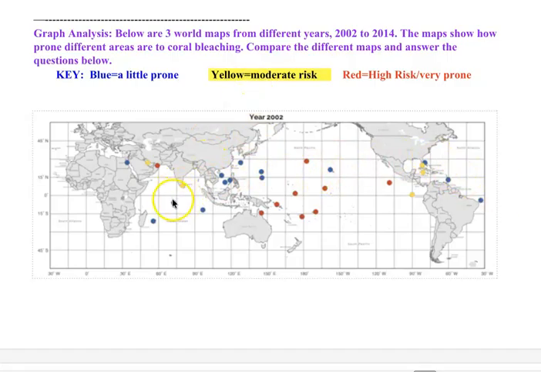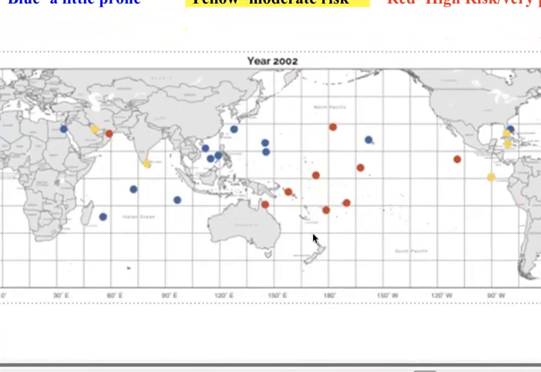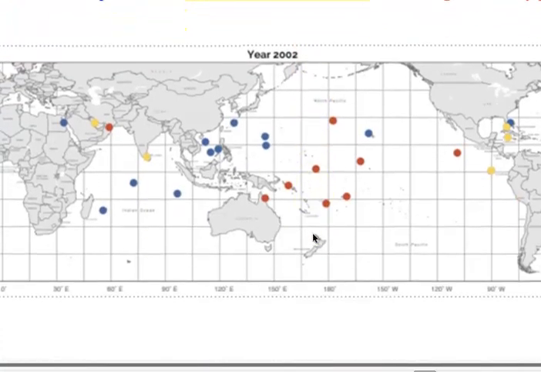Yellow is moderate risk, right? And then we have high risk, very, very prone. So your high risk, very, very prone seems to be right here in the middle. I don't know if you can see that on yours or not. If you want to mark the colored areas on yours so that you can see it better, that's up to you.